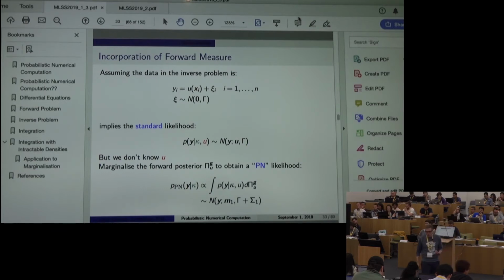So this is a very important point. If, on the other hand, we had just taken NumPy and called a numerical solver for U, and then just plugged that in here, then the total covariance or uncertainty would be that associated with the data only.